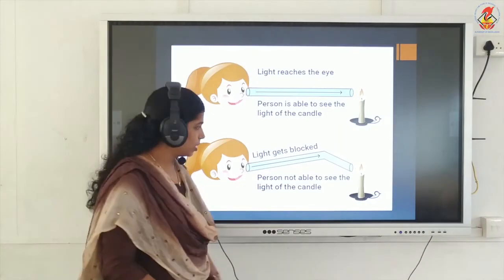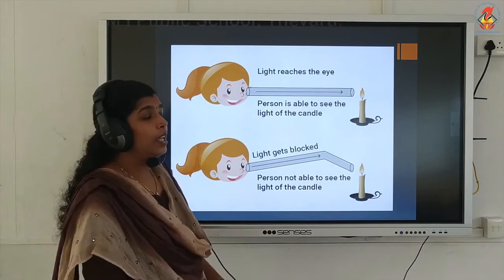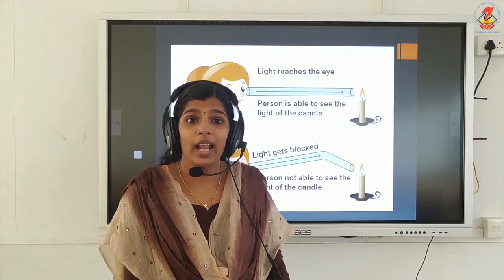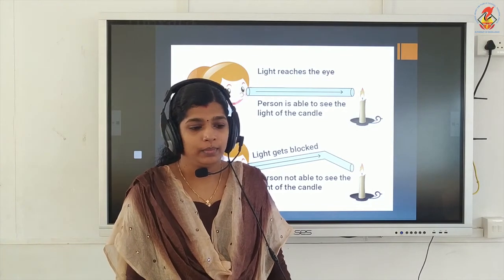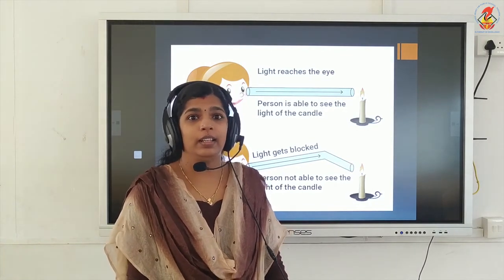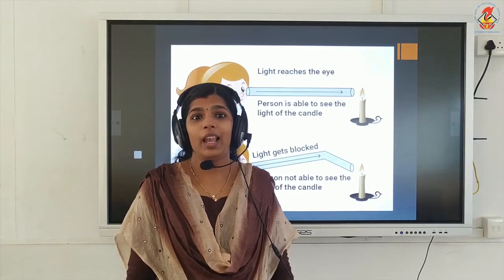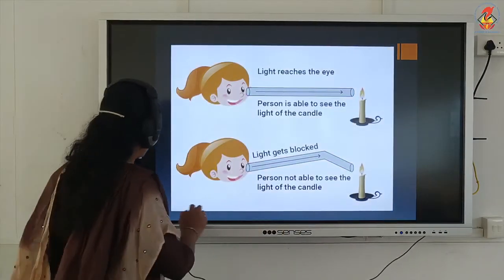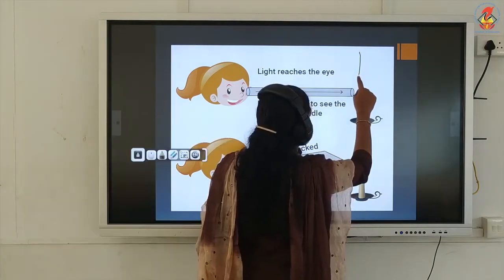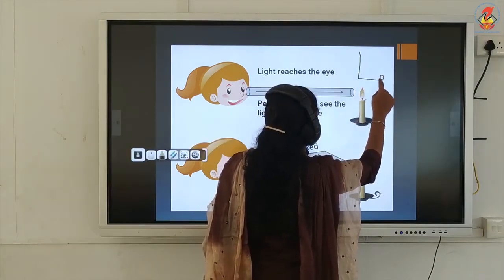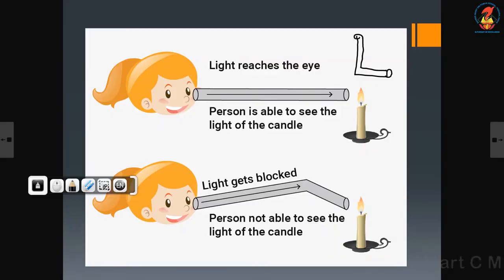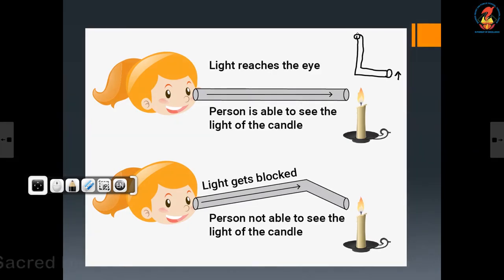Now, my question is this: can we see a lighted candle through an L-shaped tube? I will draw it here. Suppose this one is a candle. Can I see the candle through this L-shaped tube if I view from this side?